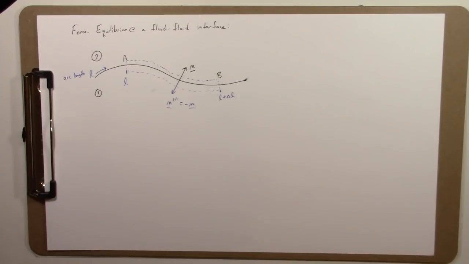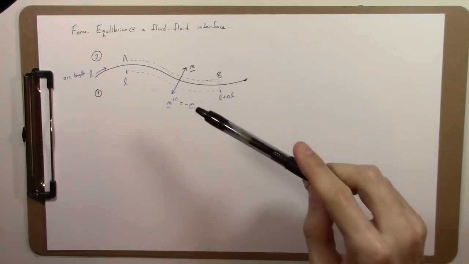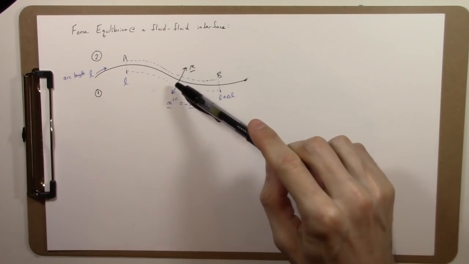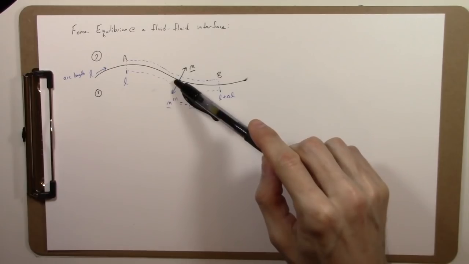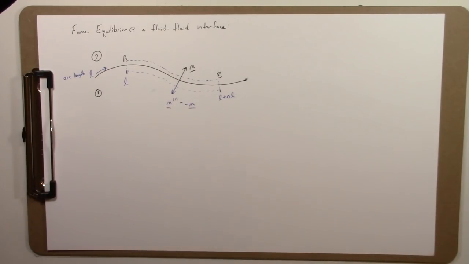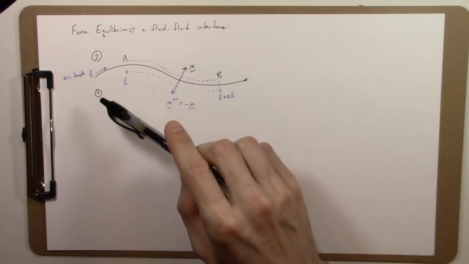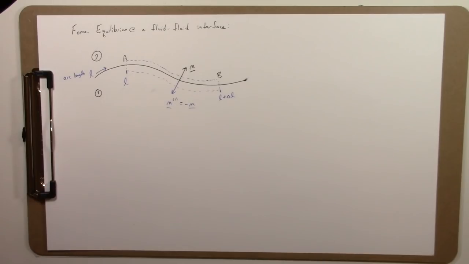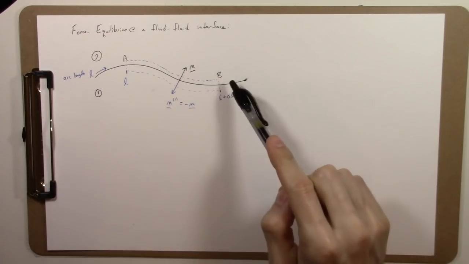So if we apply force equilibrium at a test surface like this in the bulk of the middle of a fluid, we found that the stress on the top surface must be equal in magnitude and opposite in direction to the stress on the bottom surface. It's Newton's third law, action-reaction. In this case, we have an interface between 2 different fluids, 1 and 2. And as a result, the intermolecular forces between the fluids might not be balanced at the interface.